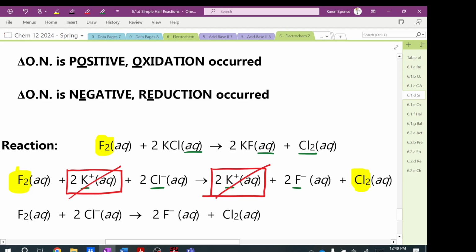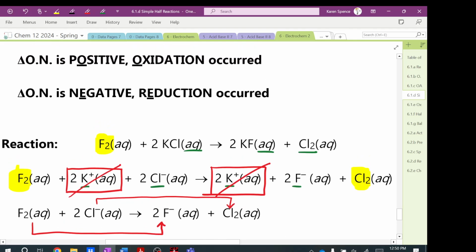So now, if you wanted to split these into two half reactions, what does F2 become? F2 becomes 2F minus, and 2Cl minus becomes Cl2. Can you tell just from looking which is the oxidation and which is the reduction?